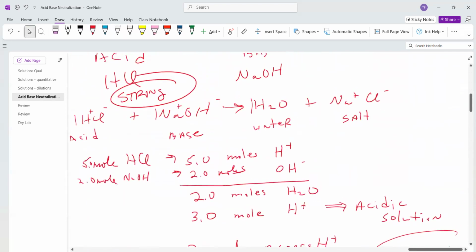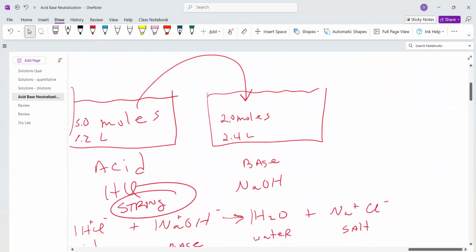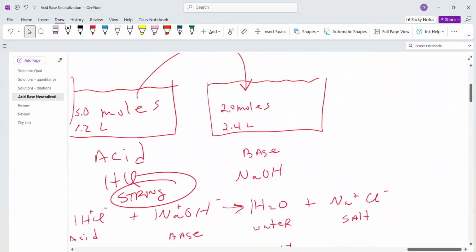Okay, let's do it for sodium now. We have 2 moles of sodium hydroxide and it's 1 to 1. So how many moles of sodium do I have? Starting with 2, how many moles of sodium do I have? 2, right?